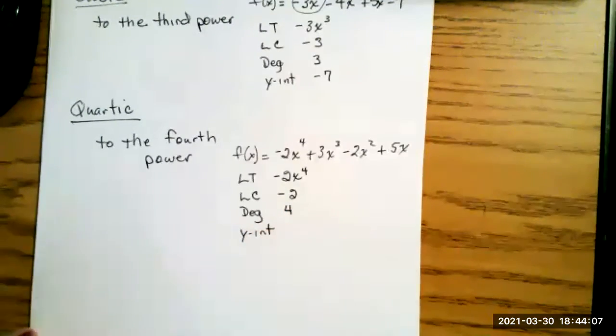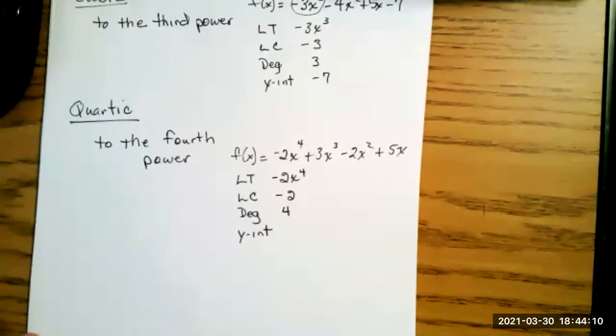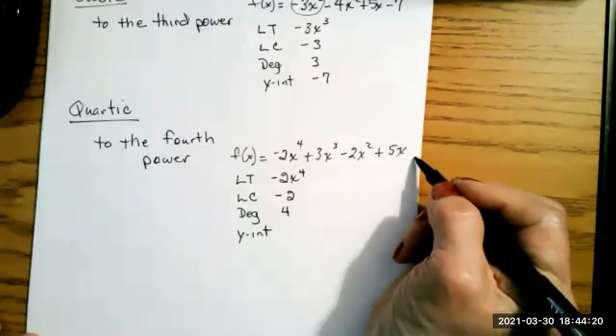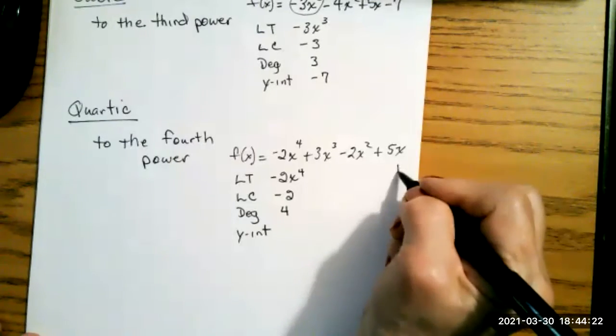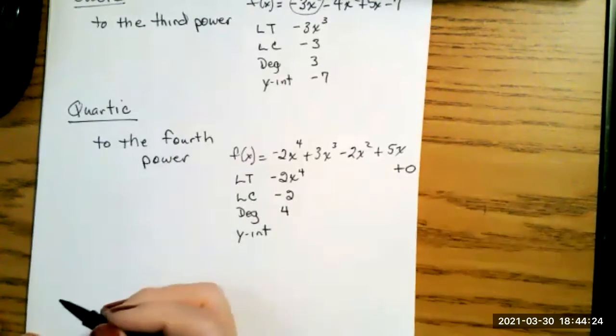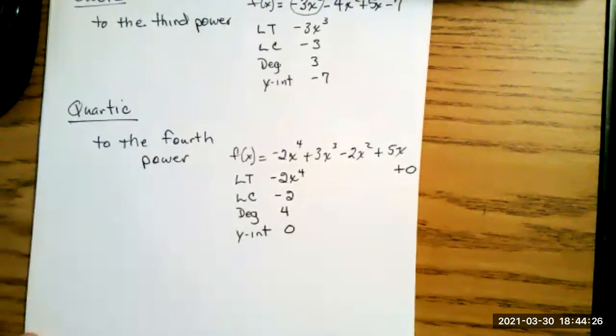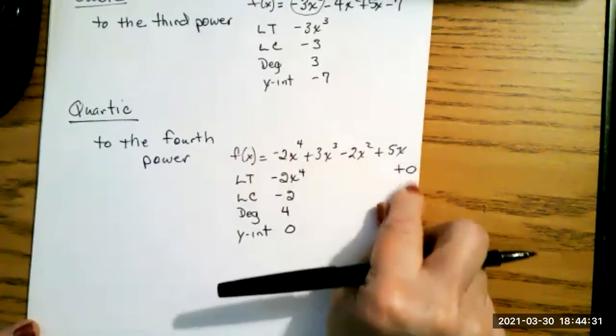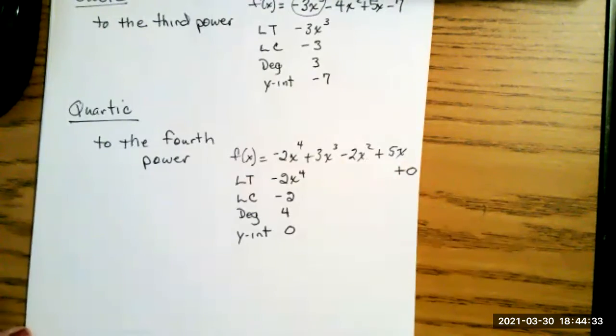What's the y-intercept on this one? This is tricky. Would it be 0? It is 0. See, it's got an x term, but it didn't have that constant term. But I could put plus 0 on there. So my y-intercept is 0. When all these have x's and there's no constant term, the constant is 0.